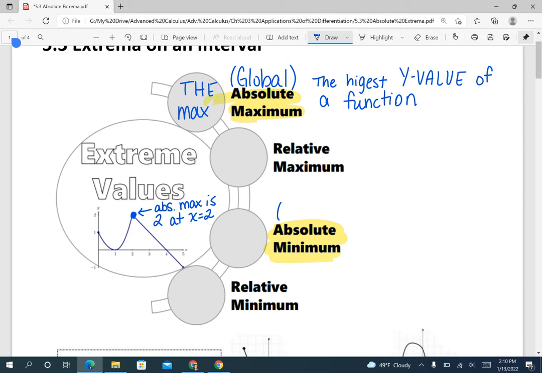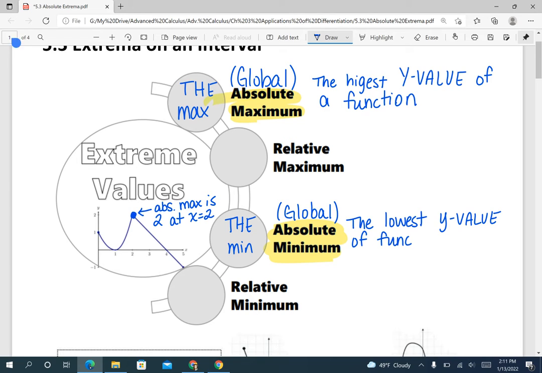The absolute or the global minimum, also known as the minimum, is the lowest y value of the function. And here, the absolute lowest point on this interval happens right there.